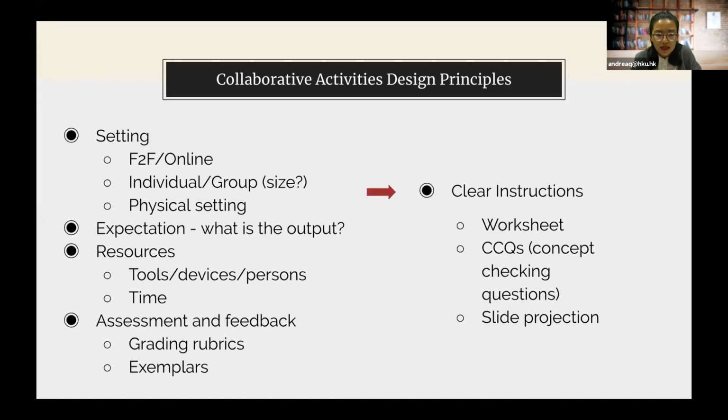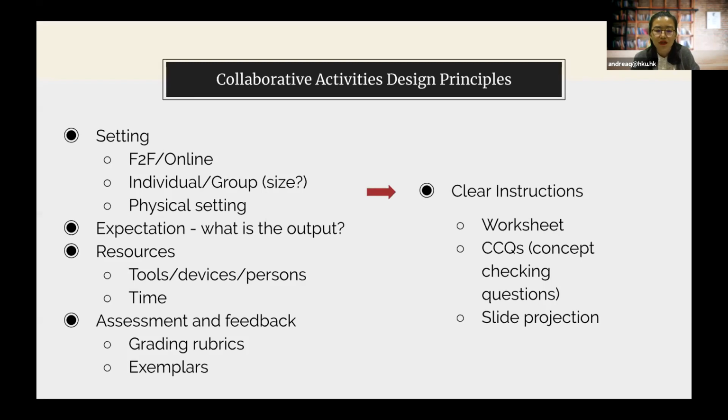Now, when we talk about collaborative activities, there are a lot of design principles that we have to consider. But first of all, the fact that collaboration is a learning outcome means that when we design activities that are collaborative, we also need to consider all of those design principles we have covered in the cognitive learning outcome.